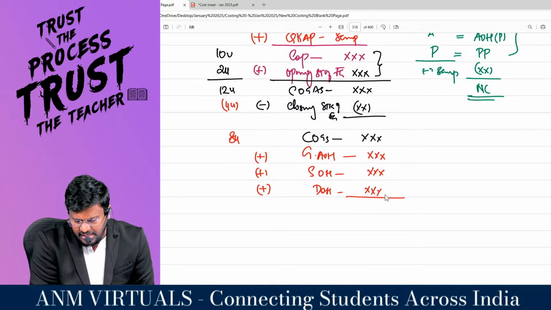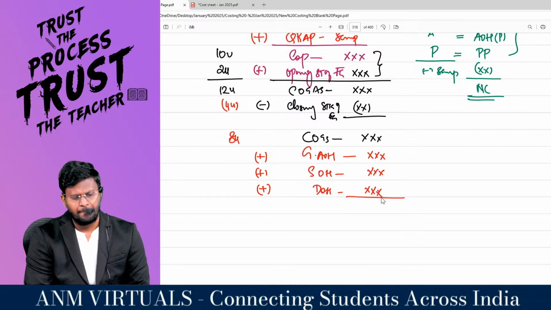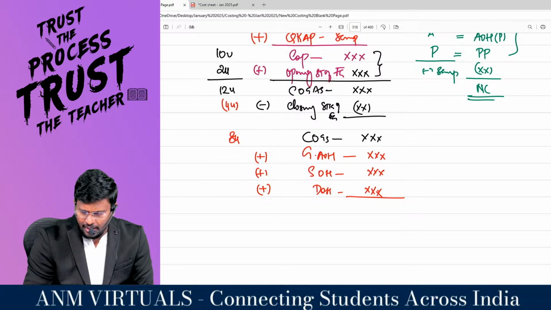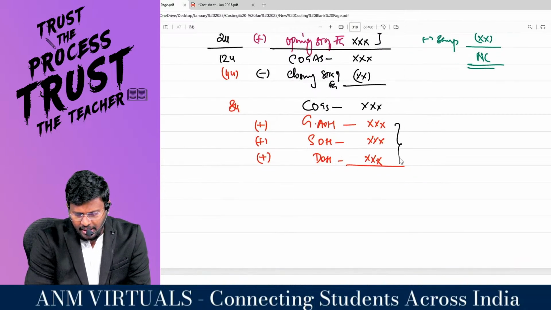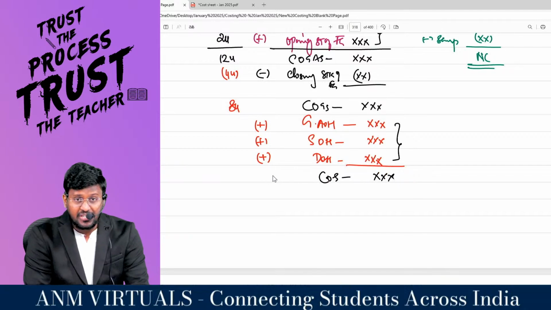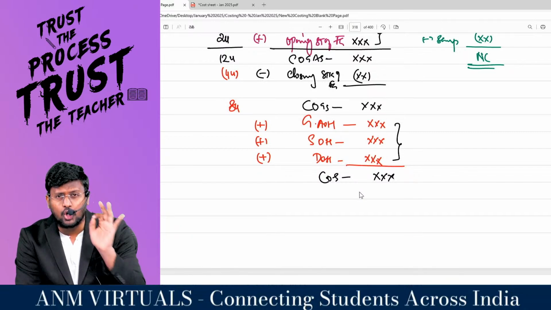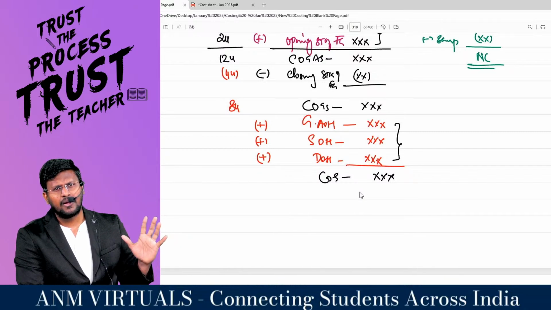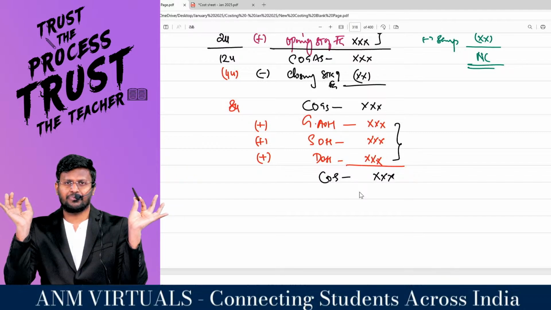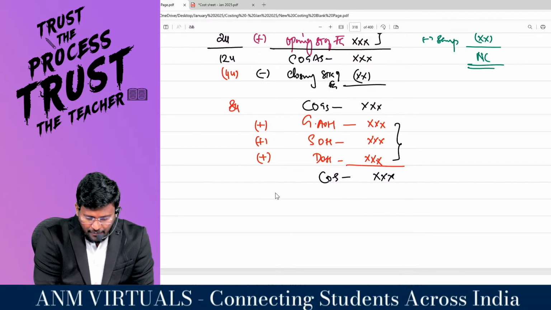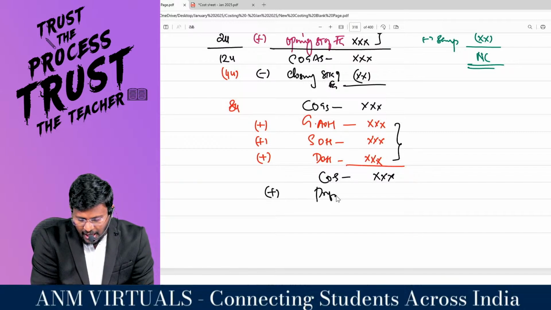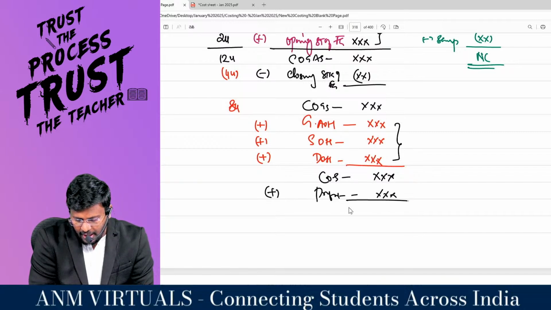So after the general administration overhead and selling and distribution overhead, you will get the cost of sales. This is the total cost I have incurred in order to manufacture this pen, in order to sell this pen, in order to reach the pen to the customer. I will not sell at cost of sale. I will sell at a profit. Then I will get the sales, my dear lovable students.